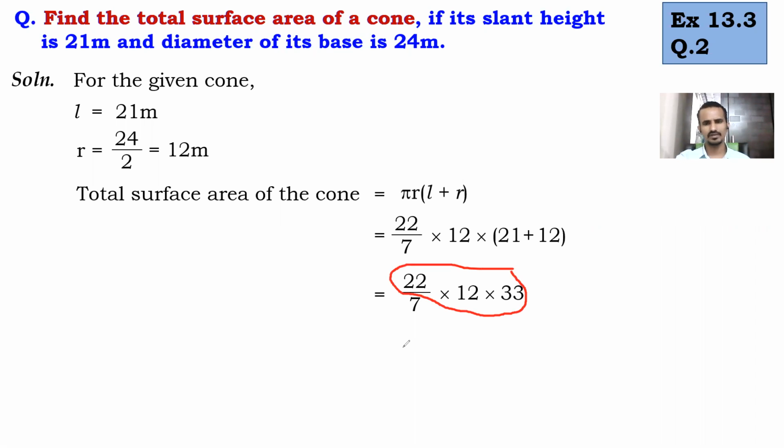Or even if you divide 33 by 7 directly, you'll get the answer in decimal. Any which way you're going to get it in decimal. Do this multiplication, everyone.